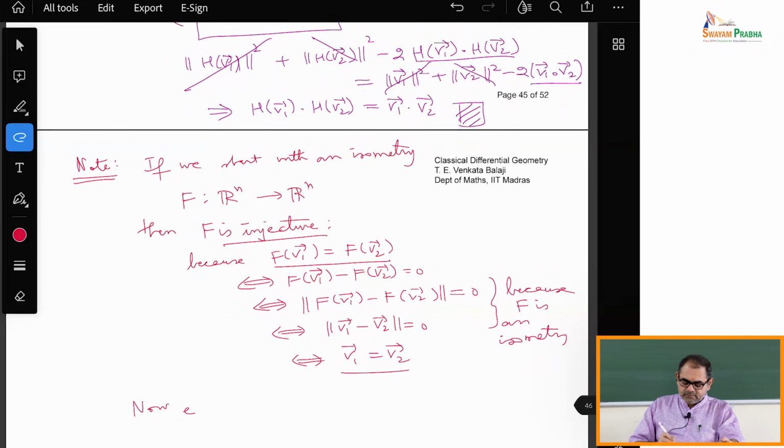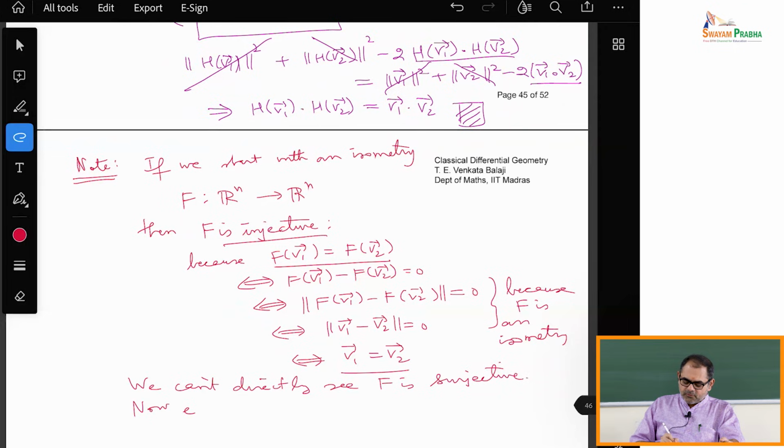It's not clear that f is surjective. The reason why f is surjective is because you can connect it to something, namely a linear map which is surjective. So I'll write it here. We can't directly see f is surjective.